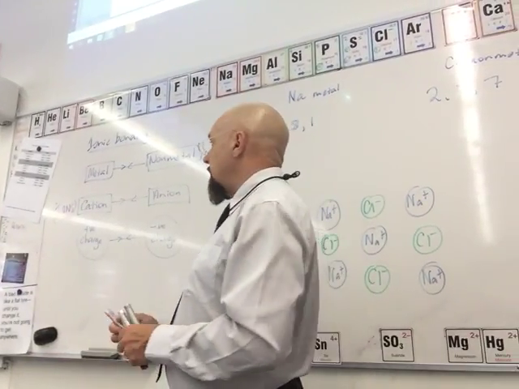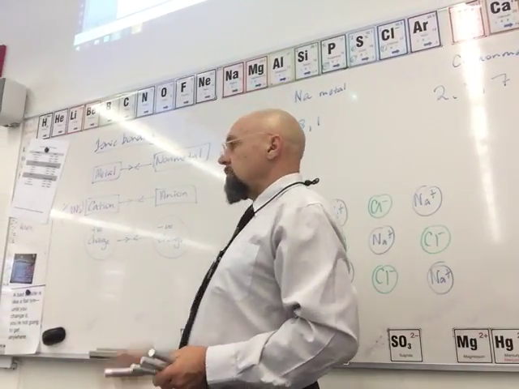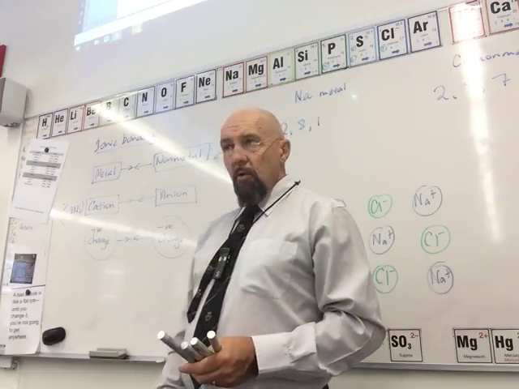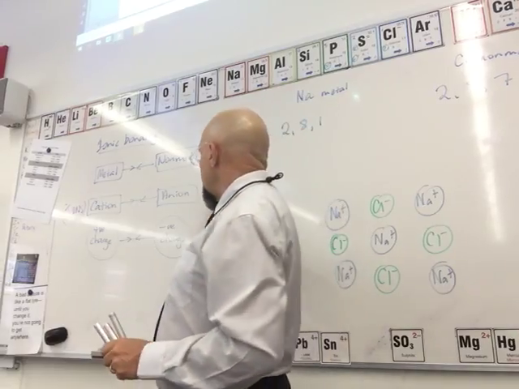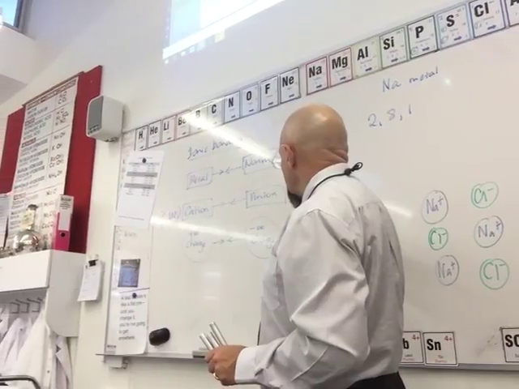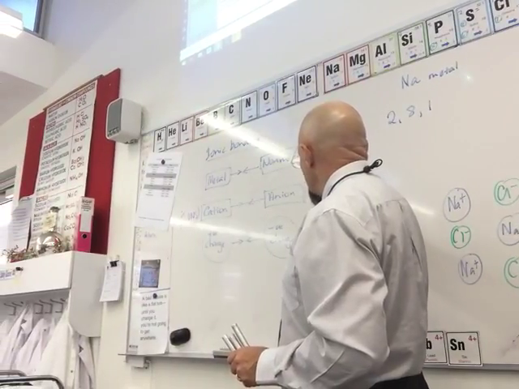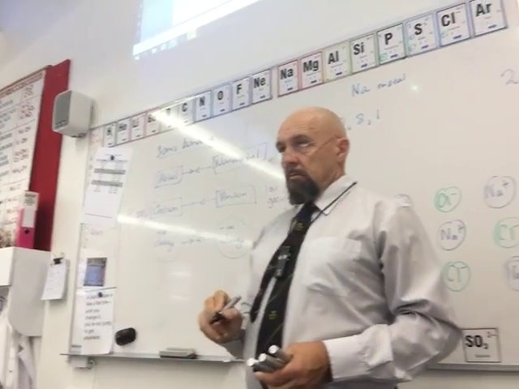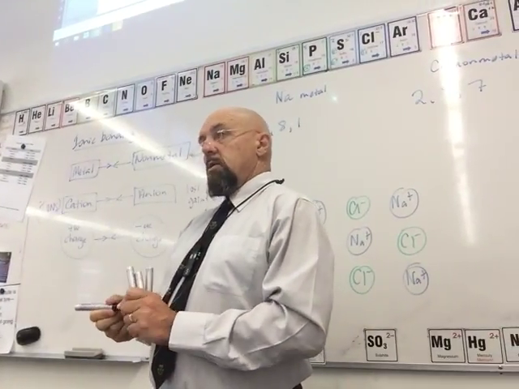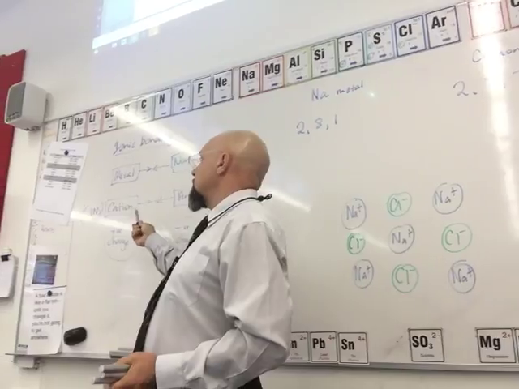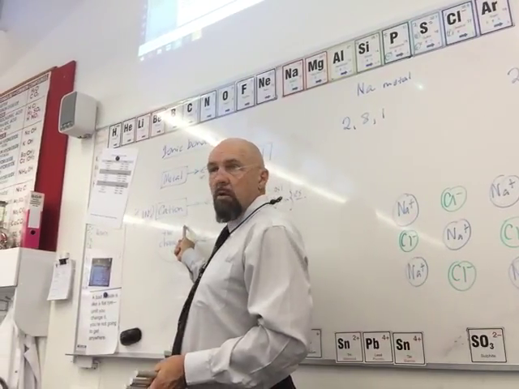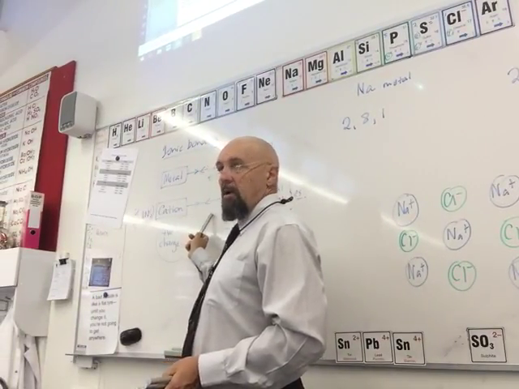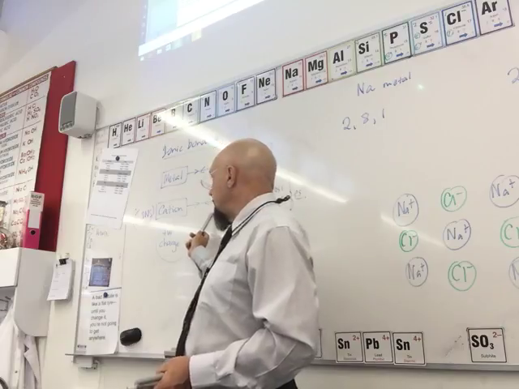So the whole idea here, in terms of how chemicals got a filled outer shell, was either a loss or a gain of electrons, is what we spoke about. And so we use that theory to explain what causes an ionic bond. Hopefully you'll grasp that when we run through it right now.